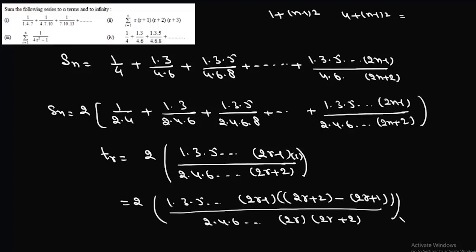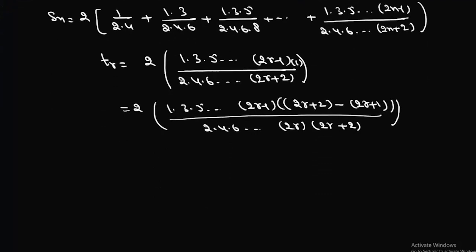Now what we'll do is split it in two parts. Now we can write this as tr, and this is 2.